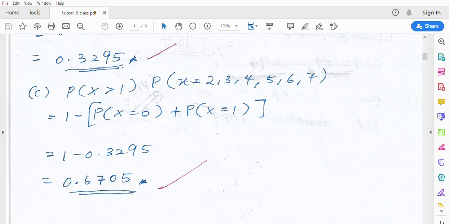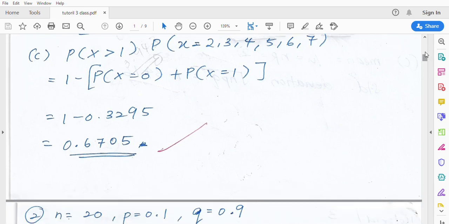Then C is to find the probability of x greater than 1, which means we want the probability of 2, 3, 4, 5, 6, and 7. We use the same formula, but the way is different here.